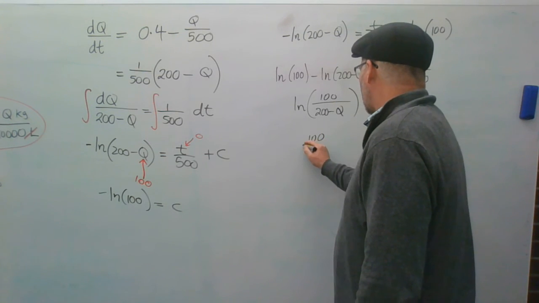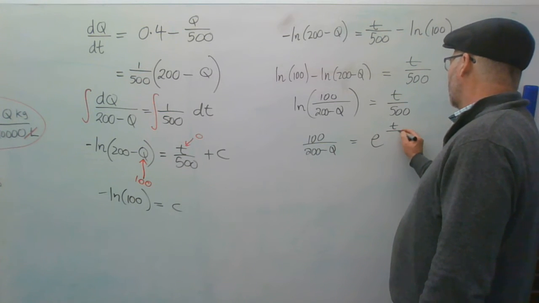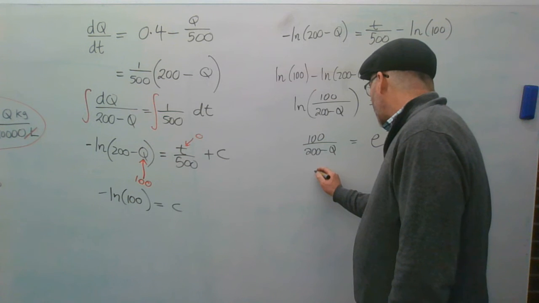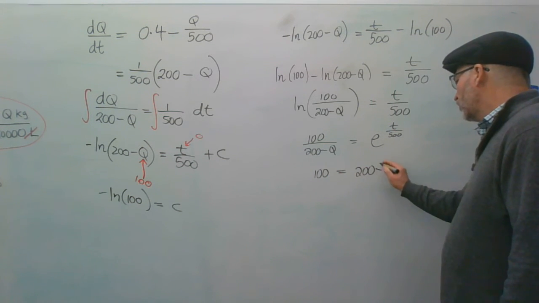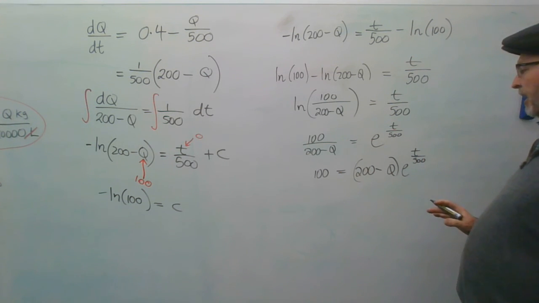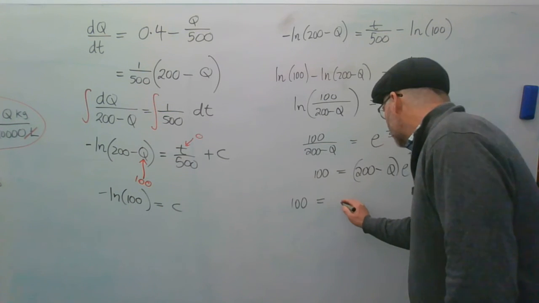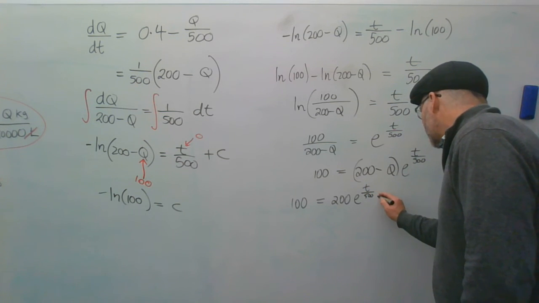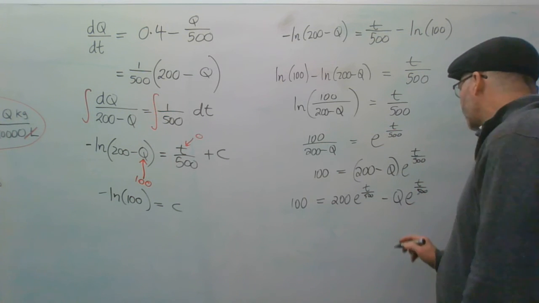So 100 on 200 minus Q is equal to e to the t on 500. So 100 equals 200 minus Q, e to the t on 500. And we need to get that. So 100 equals 200 e to the t on 500 minus Q e to the t on 500.